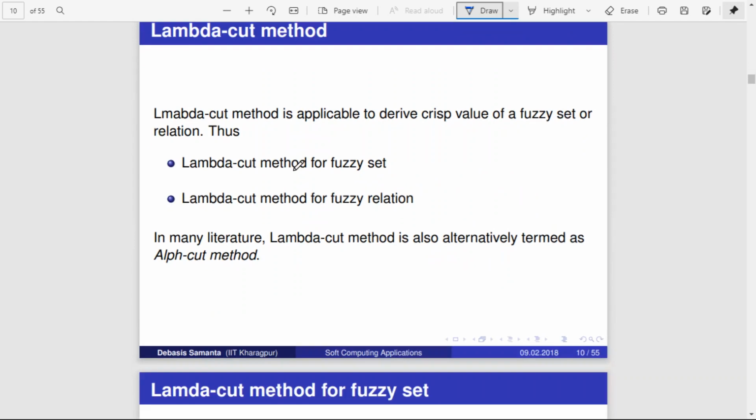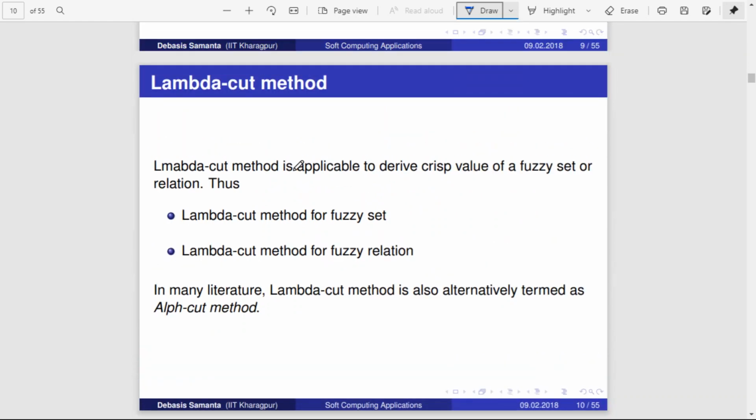We will be discussing the lambda cut method in two forms. The first is the lambda cut method for fuzzy set, how the lambda cut method works for a fuzzy set. Then we will discuss how the lambda cut method works for fuzzy relation. These are the two flavors of the lambda cut method.